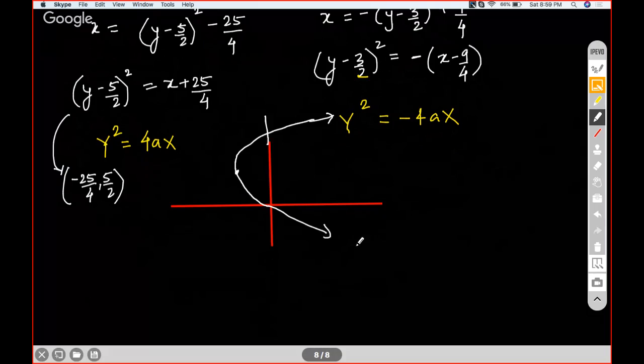The other curve will also pass through the origin, but this time the vertex of this parabola would be at 9 by 4, comma 3 by 2. So 9 by 4, comma 3 by 2 would be like this.